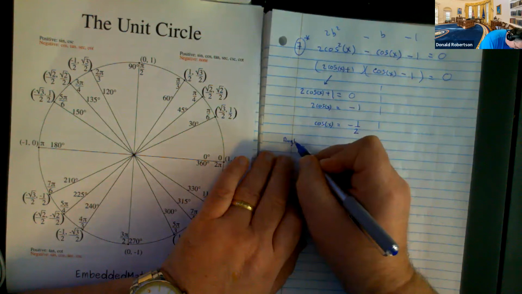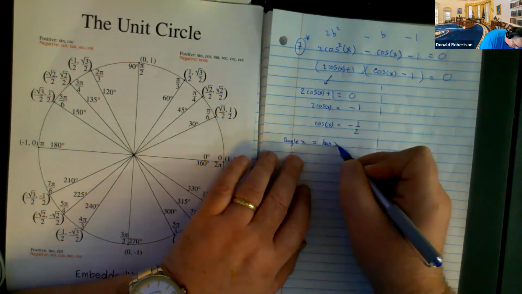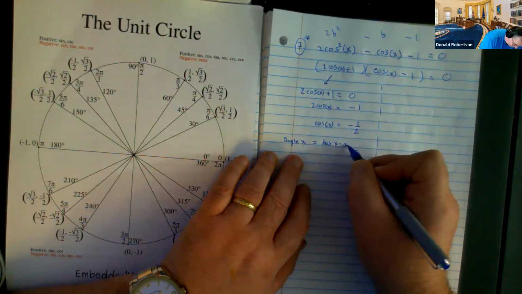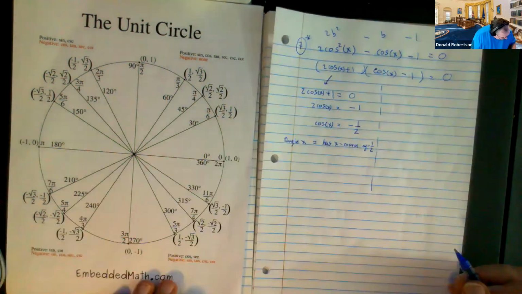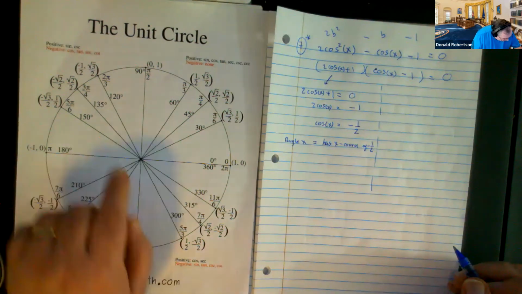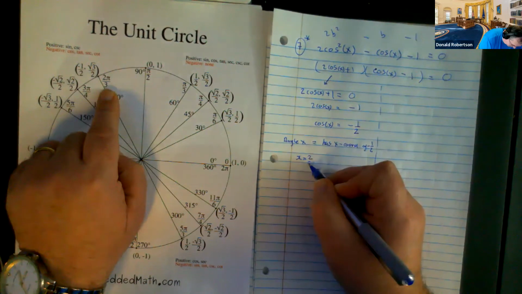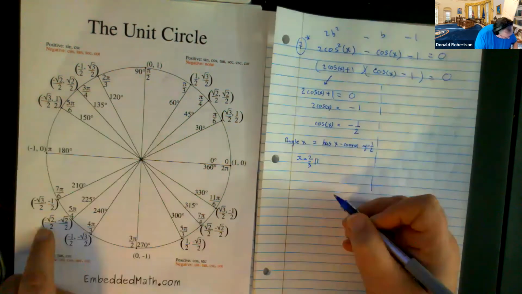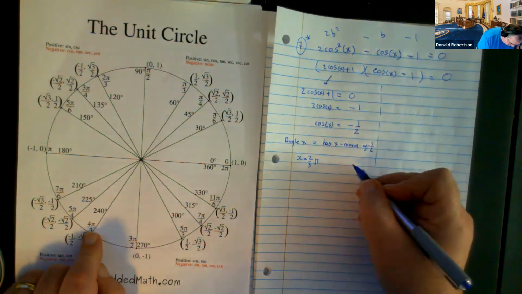So an angle x that has an x coordinate of -1/2. An x coordinate of -1/2 happens at 2/3 pi, and it also happens at 4/3 pi.